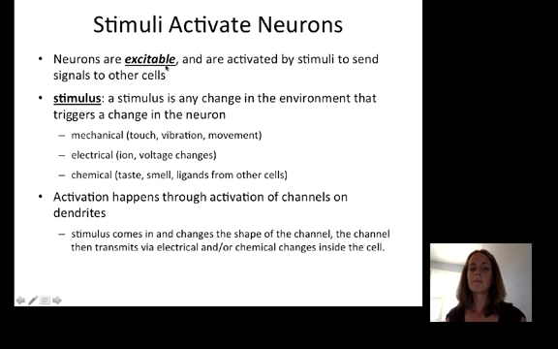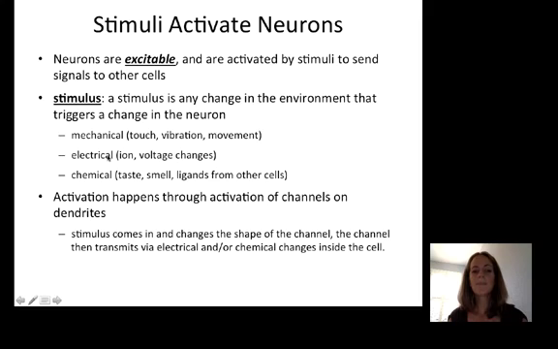So because neurons are electric, neurons are excitable. They're activated by stimuli to send signals to other cells. So a stimulus in the case of a neuron is any change in the environment that could trigger a change in the neuron. Typically, these will be sensed by different receptors, where we can have mechanical receptors, for example, touch, vibration, movement that will be detected.